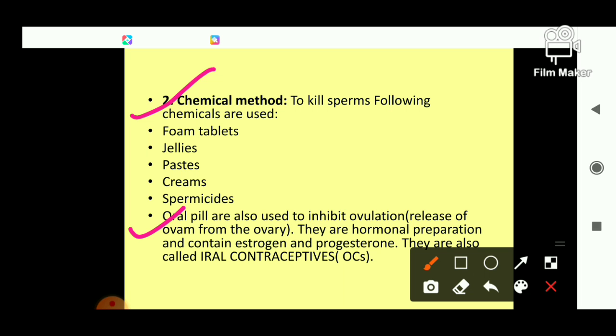These oral pills inhibit ovulation. What is ovulation? Ovulation is the release of the ovum from the ovary. They check this process, and they are mainly hormonal preparations and contain estrogen and progesterone. They are called oral contraceptives or OCs.